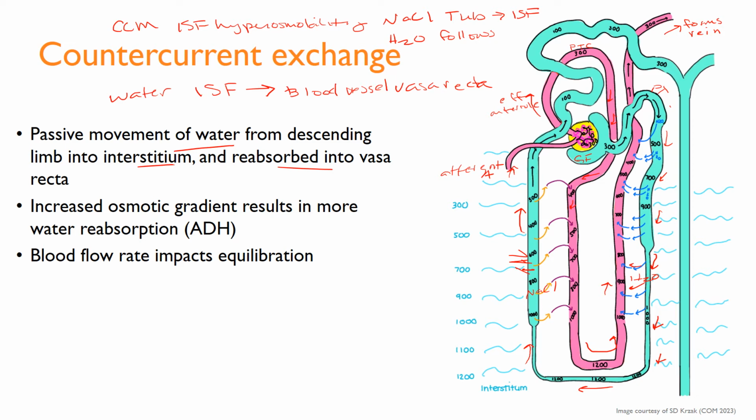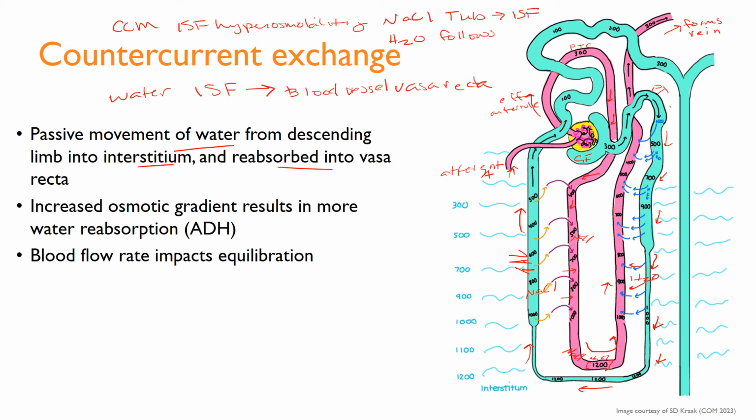Meanwhile, over here on the left, there are solutes that are getting added to the vasa recta. So what happens if you add a bunch of solutes to the vasa recta? Well, if you are adding a bunch of sodium chloride to the vasa recta over here, but no water, then the deeper you go, the more sodium chloride it builds up until you have so much sodium chloride that you have at the bottom of the hairpin turn, the highest concentration you can have in the vasa recta.